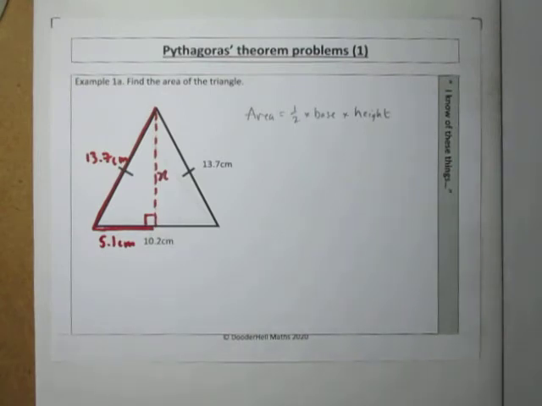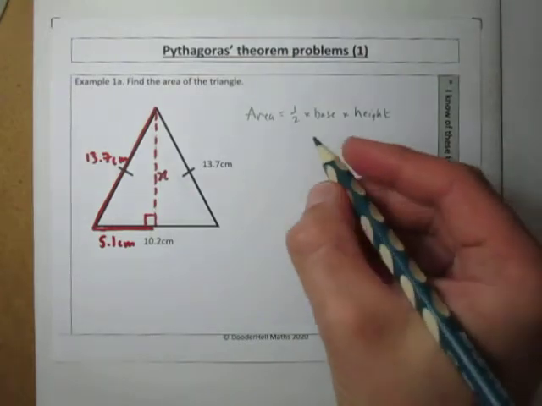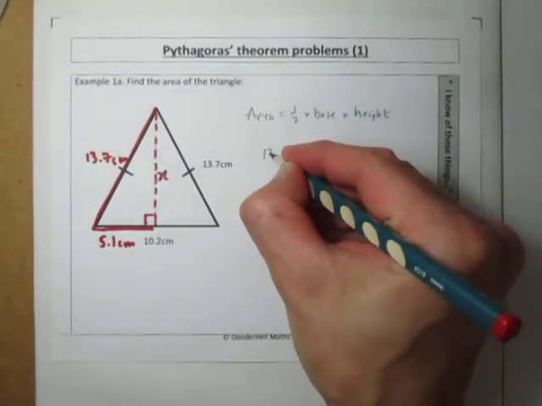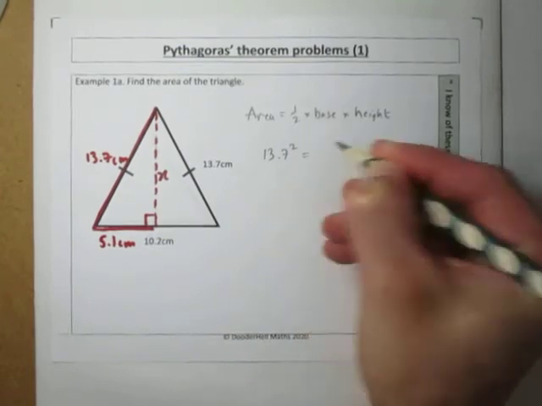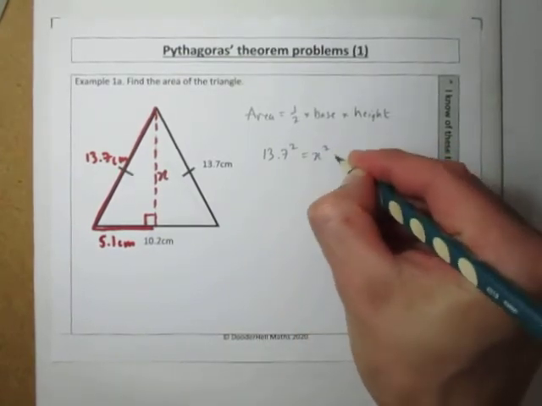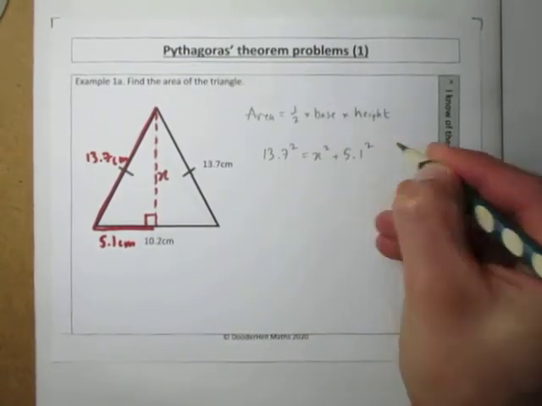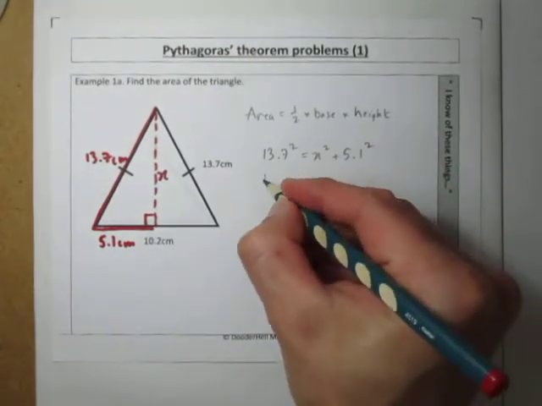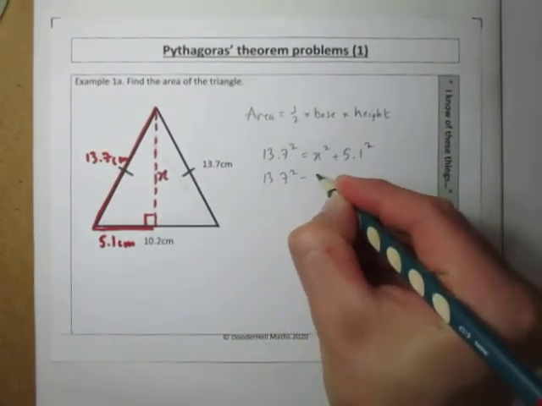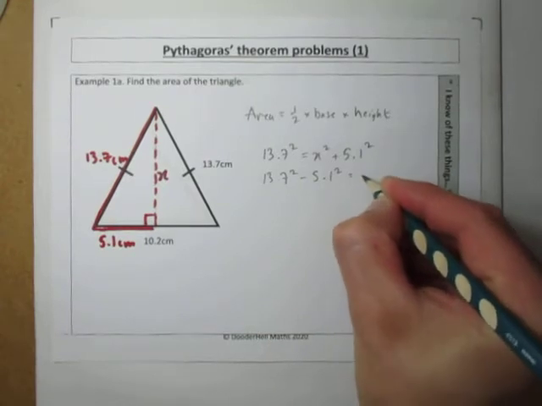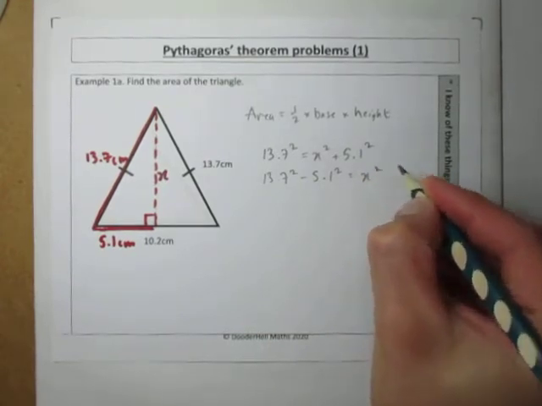So now we are able, using Pythagoras' theorem, able to find x. So we know that 13.7 squared must be equal to x squared plus 5.1 squared. Therefore we know that 13.7 squared take away 5.1 squared equals x squared.